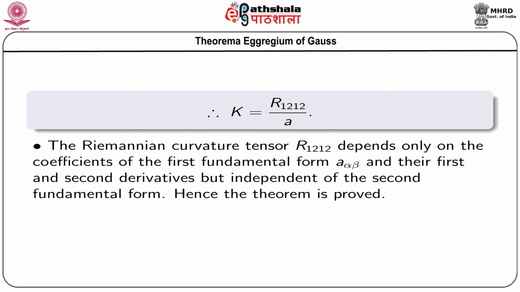So, we do not need the second fundamental form to get the Gaussian curvature, and that is why we have defined earlier the Gaussian curvature as R1212 by A. Hence, this theorem is proved.